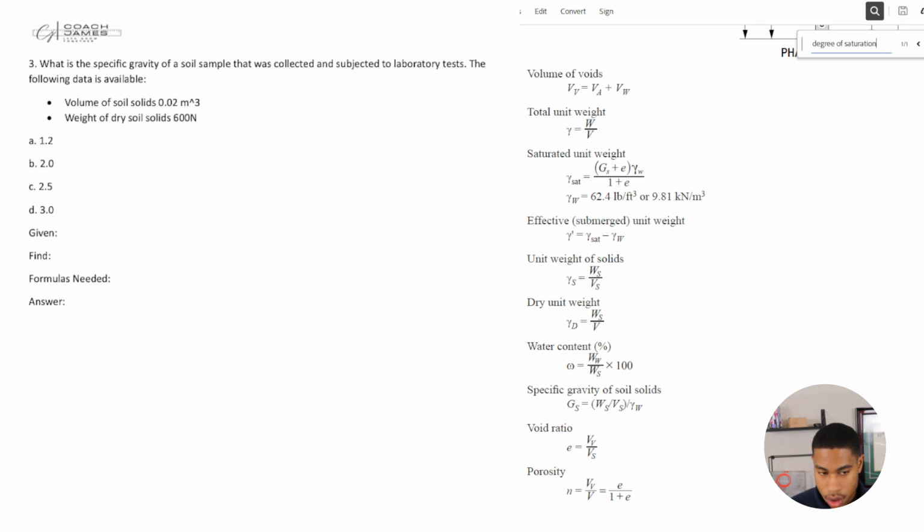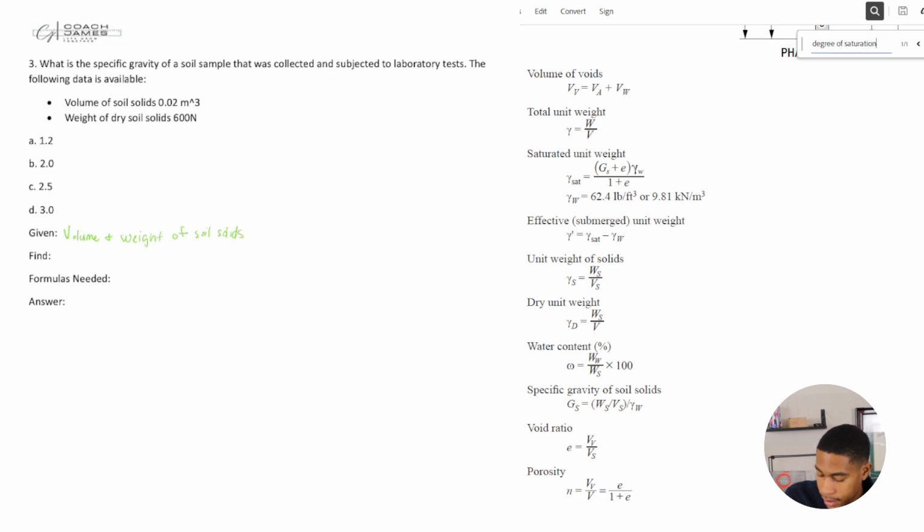So we're given the volume and weight of the soil, just the solids, right?